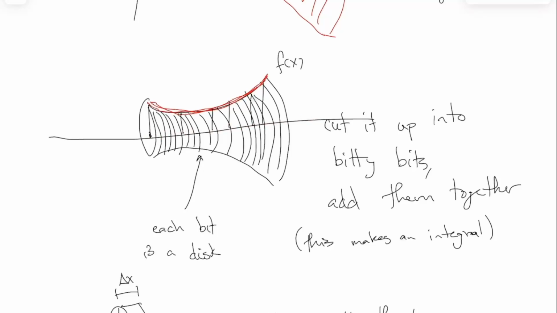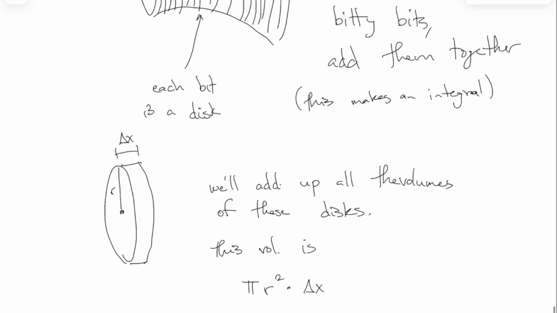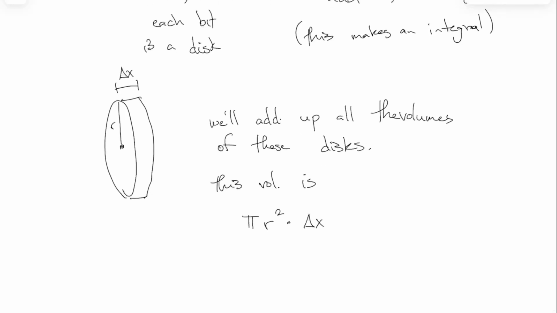So this r, this is not going to be a very complicated formula here. According to the whole setup, r just straight up equals f of x. That's it. It's just equal to the height of that curve as you move across the picture, all right?